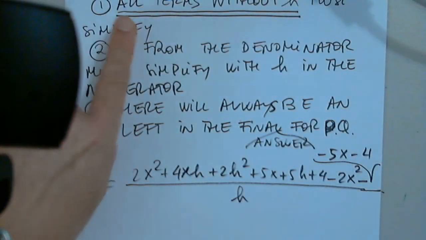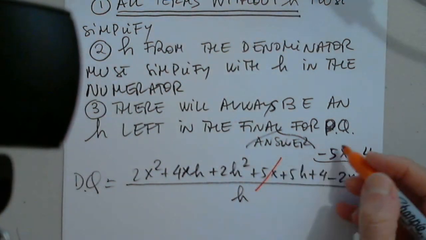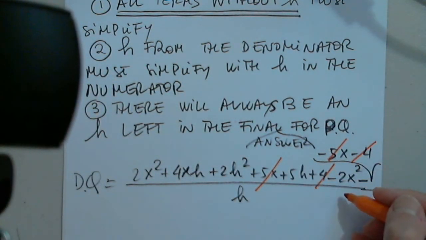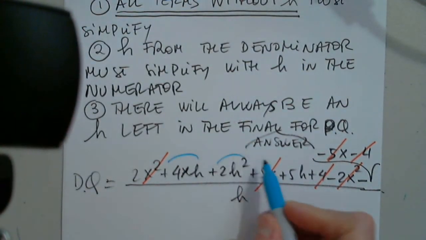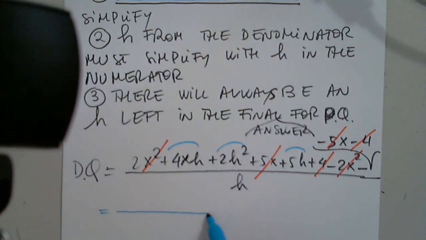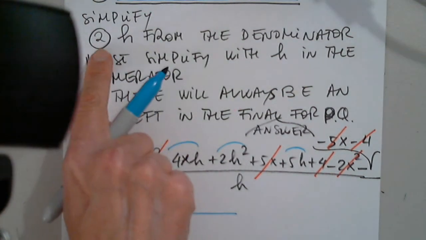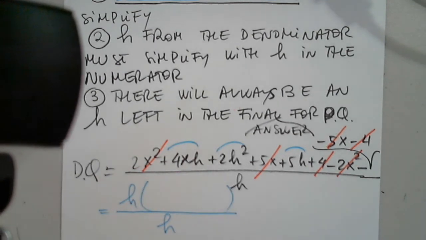Note number 1 says all terms without h must simplify. Let's see. All terms without h are gone. How many terms are left? Do you notice something? They all have h in common.